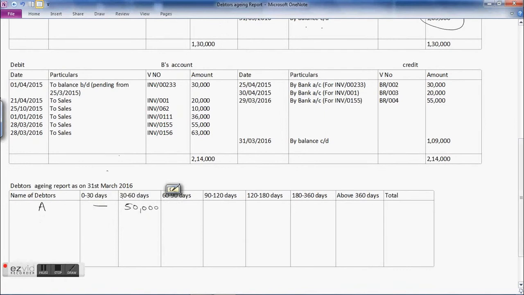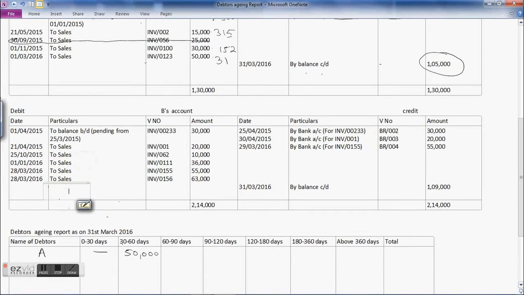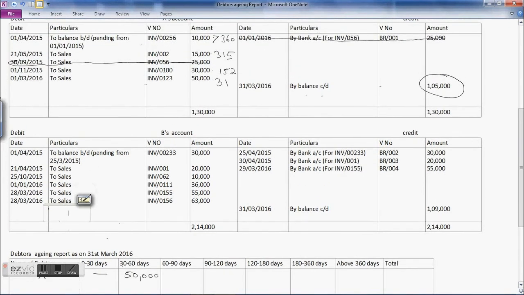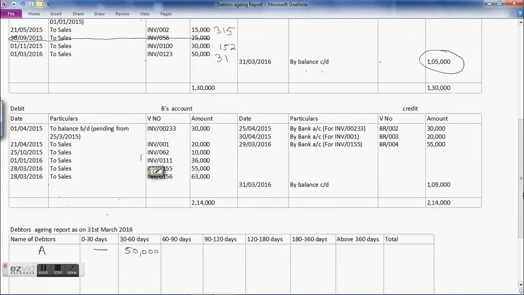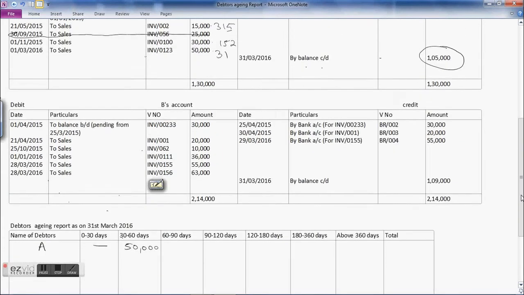Nothing. Then 90 to 120 days, do you have anything? Nothing. Then 120 to 180 days, you have invoice number 100 of 30,000.